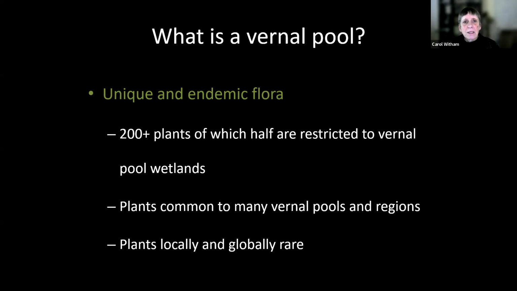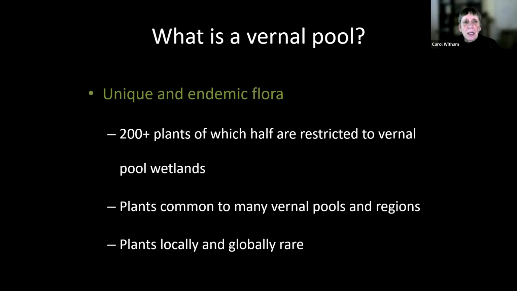Only in California does it have the unique endemic flora that we think of. So there are vernal pools in Maine, and you can actually get your vernal pool certified and protected and everything else, but that's based entirely on fairy shrimp and amphibians, and there is no endemic flora.